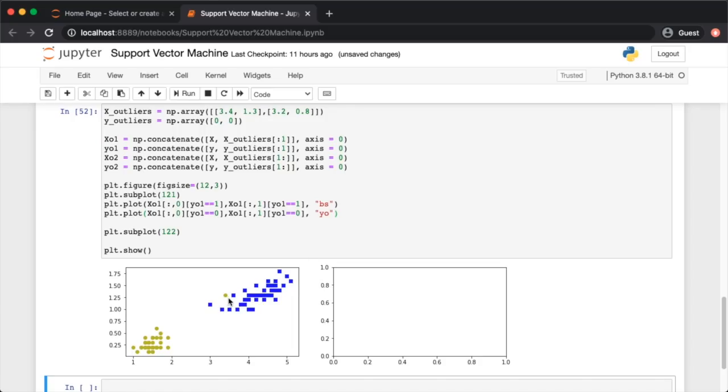Okay, as you can see, here's my outlier. Let's stick in an arrow over here saying this is an outlier.